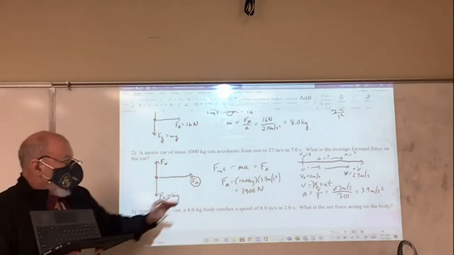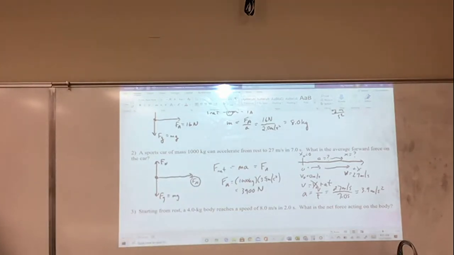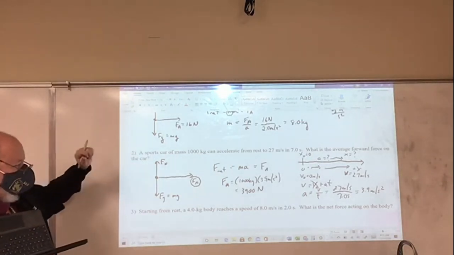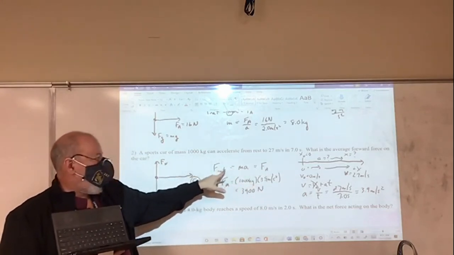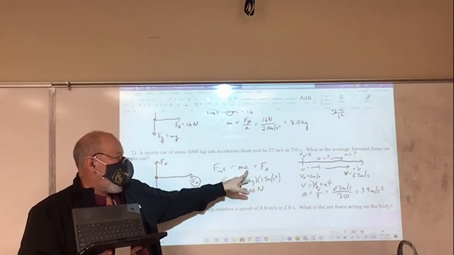Okay, was there any point where I had to do any kind of creative thinking here? I just followed my strategy. I created the net force formula from the free body diagram, and I said, oh, look, I don't have acceleration.